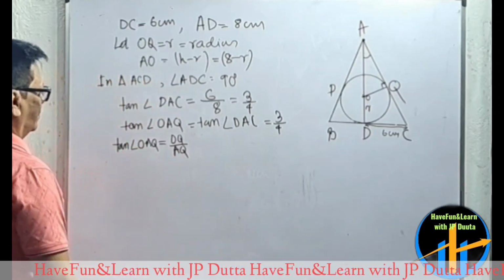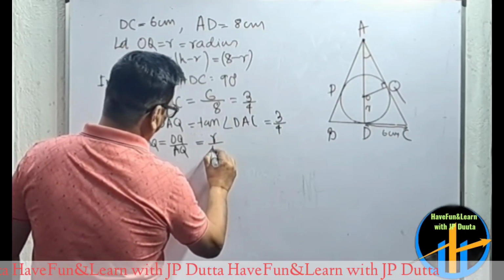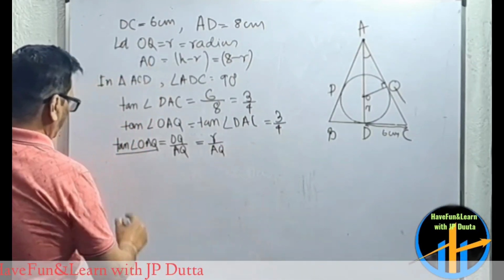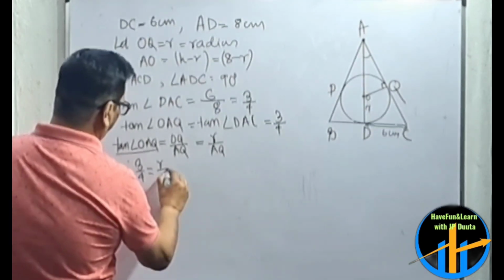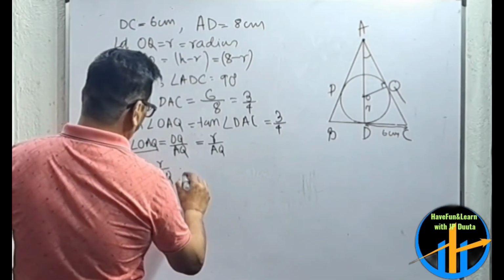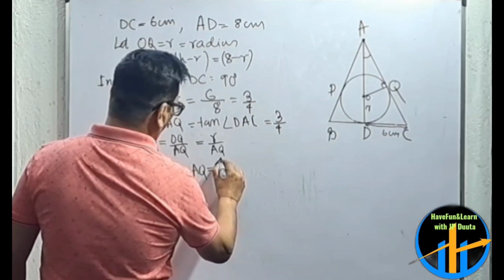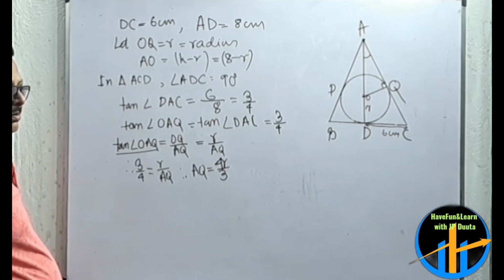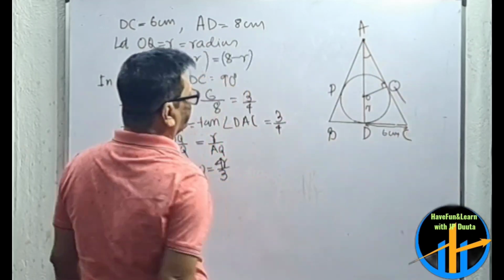Understood? Now OQ is R, so R by AQ. Again, this angle is 3 by 4. Therefore, 3 by 4 is equal to R by AQ. Right? So here we get AQ is equal to 4R by 3. Understood? Angle OAQ is same as angle DAC.